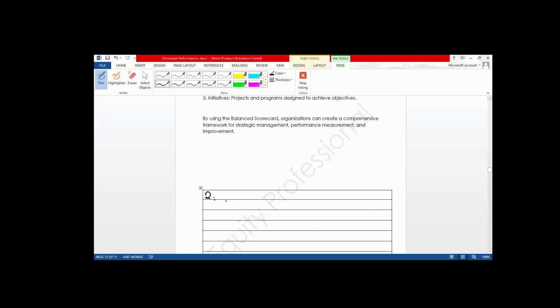Requirement 2. Calculation of return on investment for the new investments for each division.